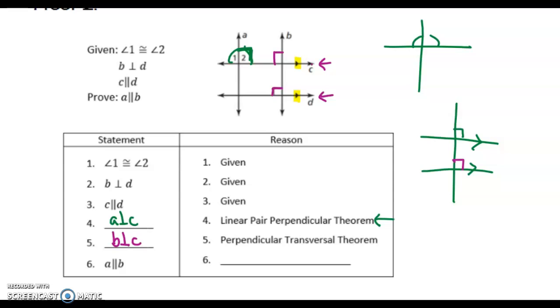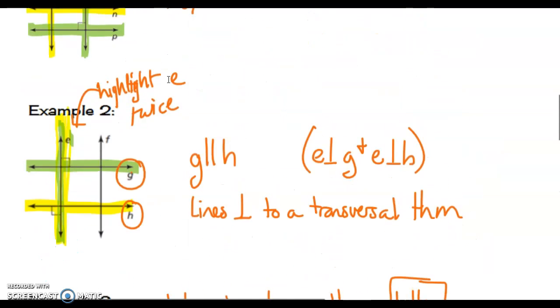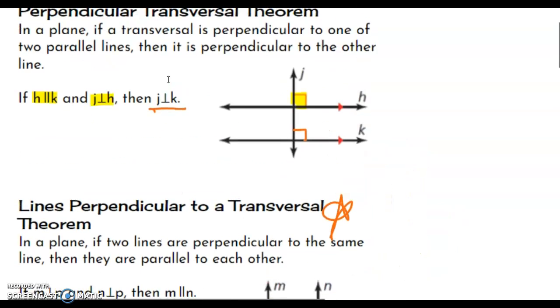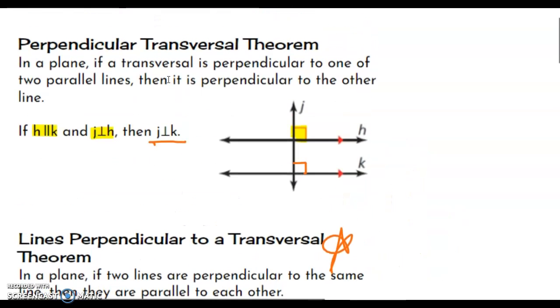Okay, so now remember, you knew this was a right angle right here because of step 4, and this is a right angle due to step 5. So we want to prove that A is parallel to B. Well, picture this, you have two lines that are perpendicular to the same transversal. So if we go back and look for something that has that kind of picture, let's go back to the front of our foldable.